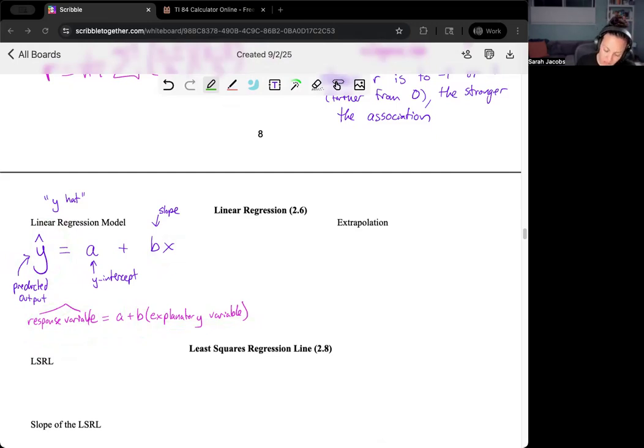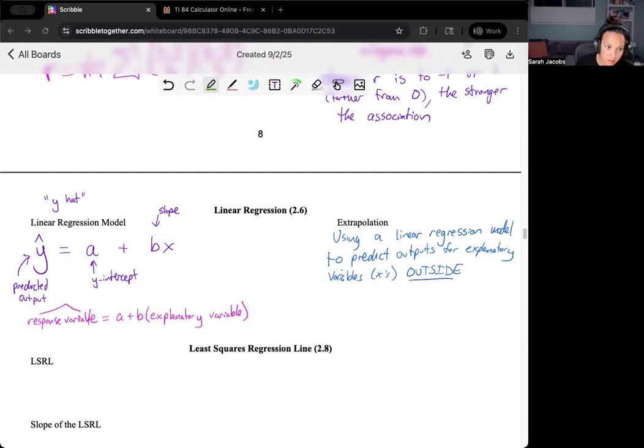The definition for this is using a linear regression model, or really any regression model, but we're sticking to linear in AP Stats, to predict outputs for explanatory variables, aka our x's, outside the data set from which the model was built.